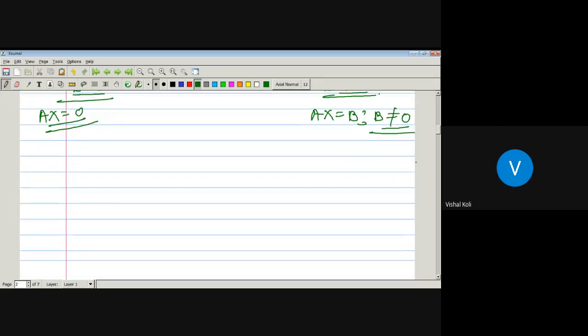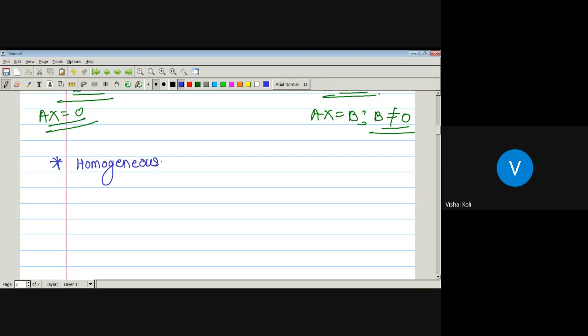Now we will see what a homogeneous system of linear equations is, that is Ax is equal to a null matrix.